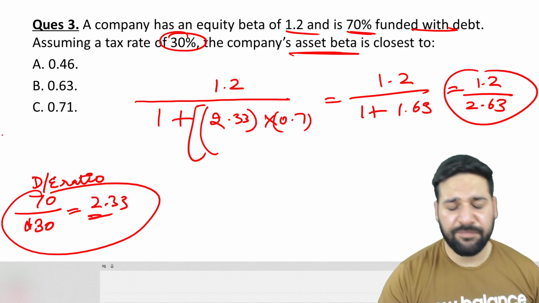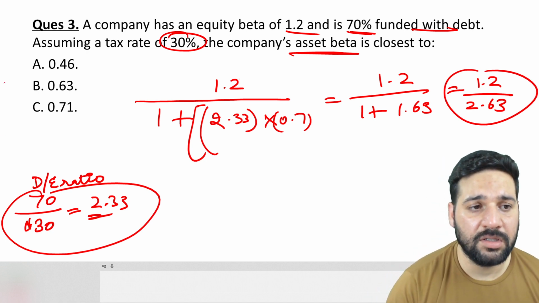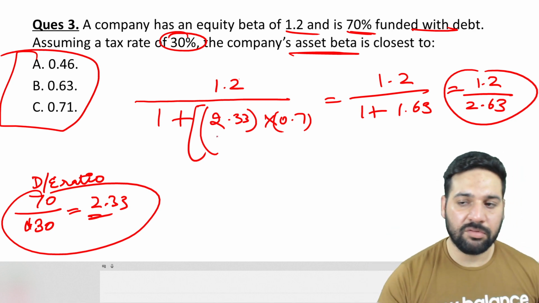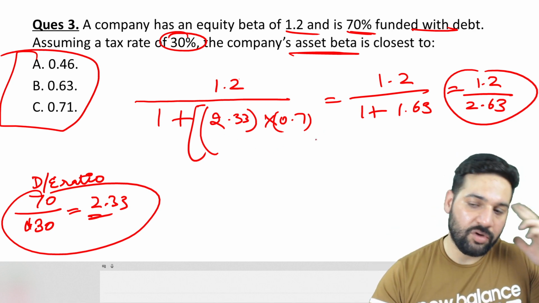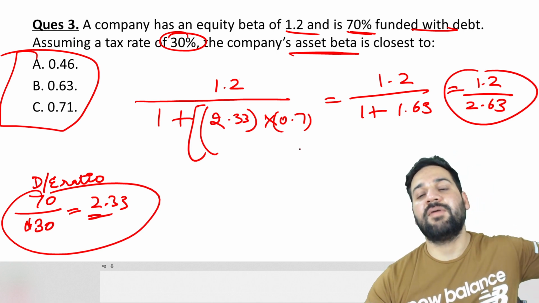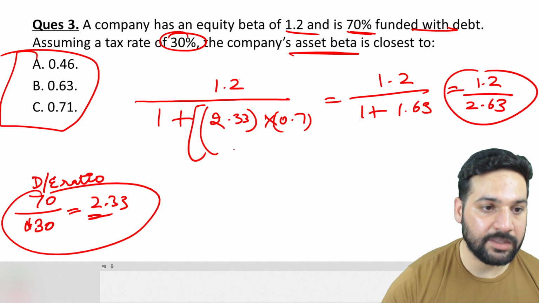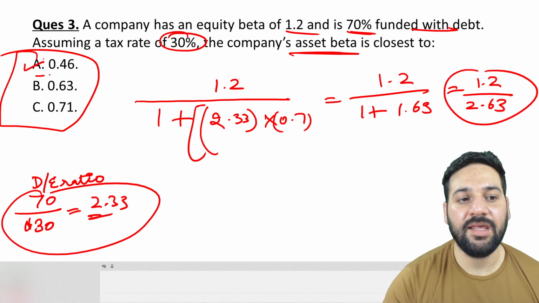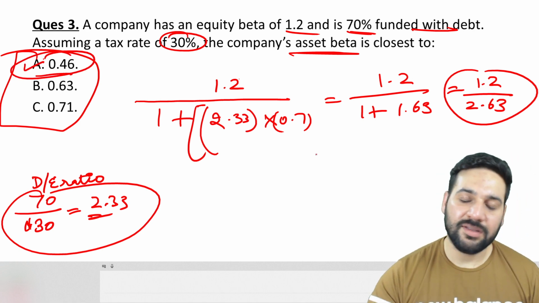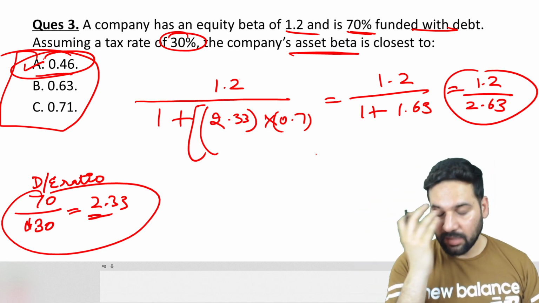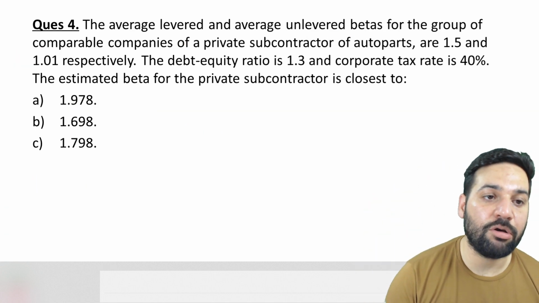Just by giving it a look, you can find the estimated answer. You don't need to go that deep, just do it in your mind: 120 divided by 26. If you do it that way, you will get the correct answer. A is the correct answer, 0.46. That's how I do it, 120 divided by 26 in your mind. That's how you can solve the questions.